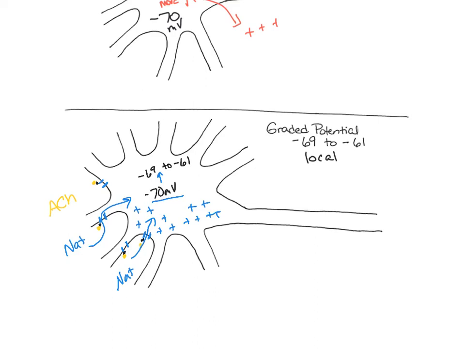Whenever the transmembrane potential is shifting from the resting membrane potential towards 0 and above, this is called depolarization. So depolarization is any shift from the resting potential toward and above 0 millivolts.